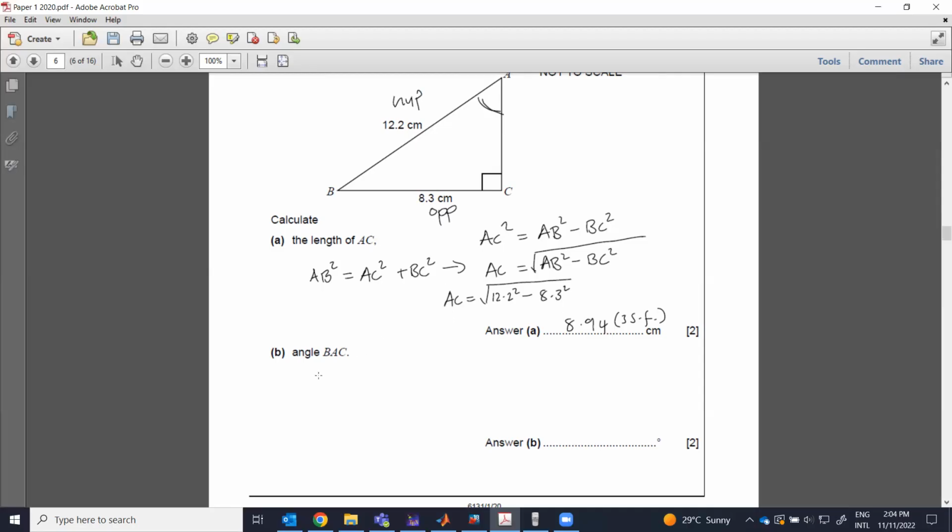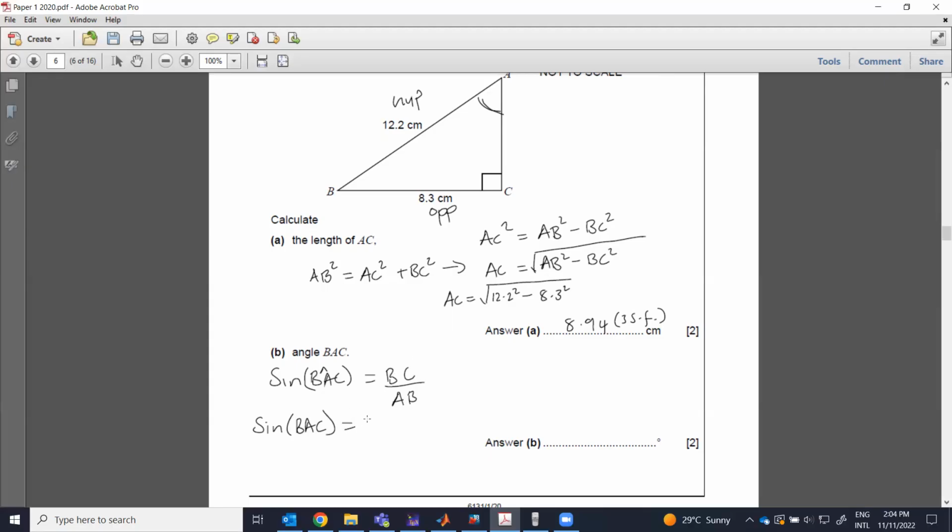So we can use SOHCAHTOA and say sine of the angle BAC. This is equal to the opposite, so it's BC over the hypotenuse, which is AB. Then you substitute sine of BAC.